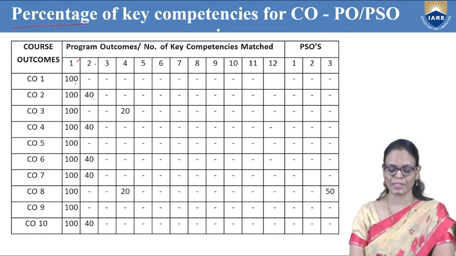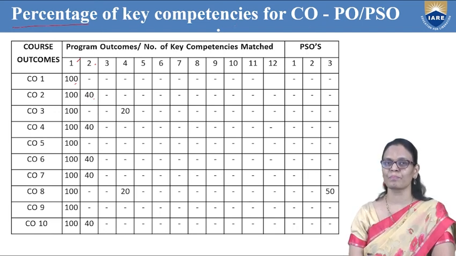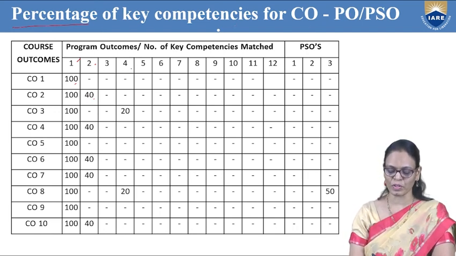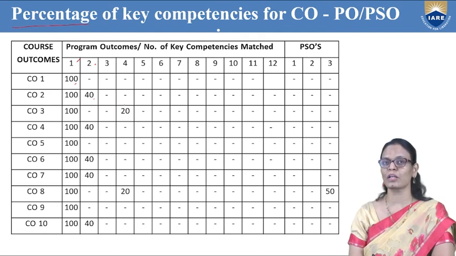So it is 40% of key competencies for COs and POs. And then for the fourth one, we have written 2. 2 key competencies are being met, so that is 20%. Now when it comes to the PSO, there are 2 key competencies out of which 1 is meeting. So we write it as 50%.